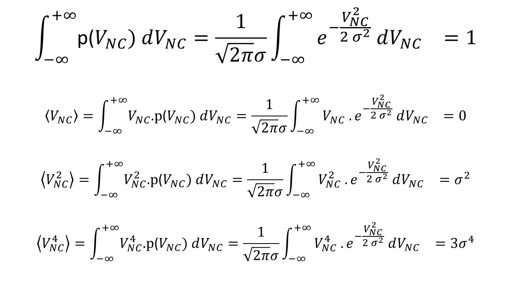And you will see that all the odd moments, that is VNC average, VNC cube average, VNC to the power of 5 average, all of these will actually turn out to be 0, right? So that is precisely what a Gaussian distribution does to the averages that you're looking at.